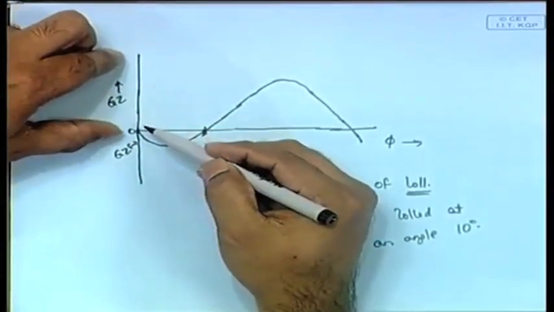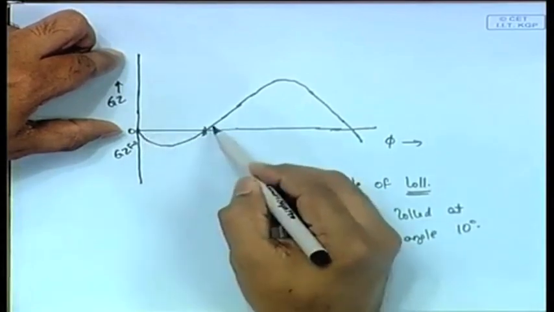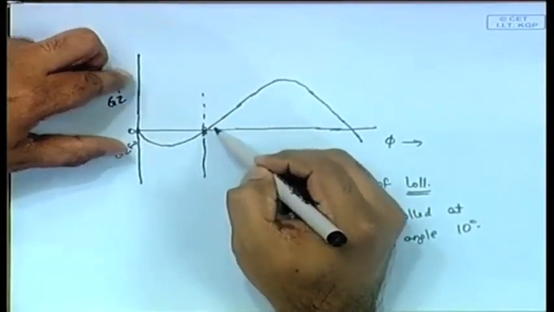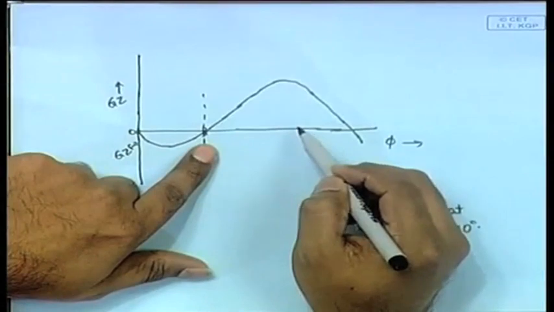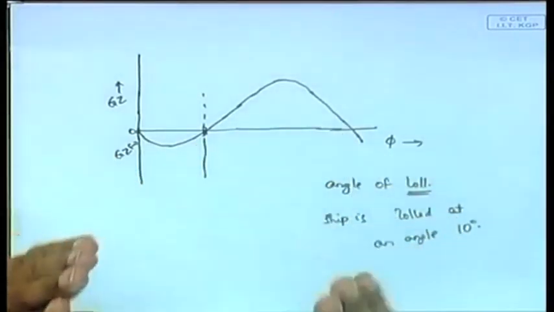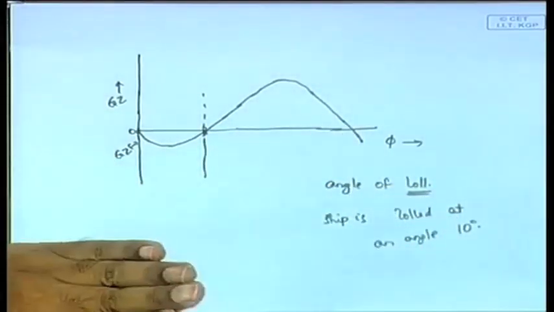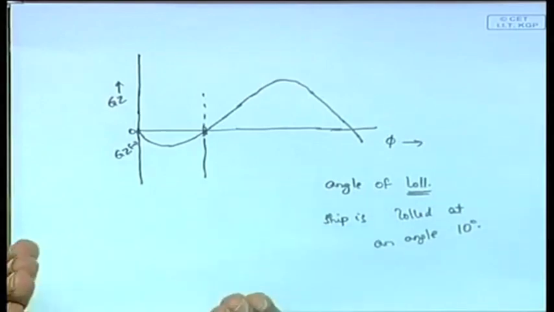In this region, from here onwards your GZ is positive, that means your righting arm is positive. It means that anything causing it to tilt further, the righting arm will be positive, causing it to come back.